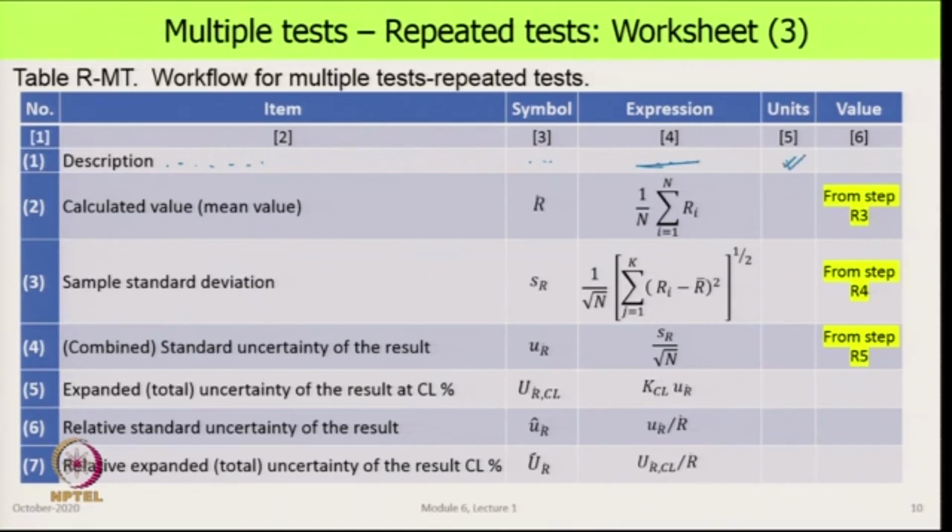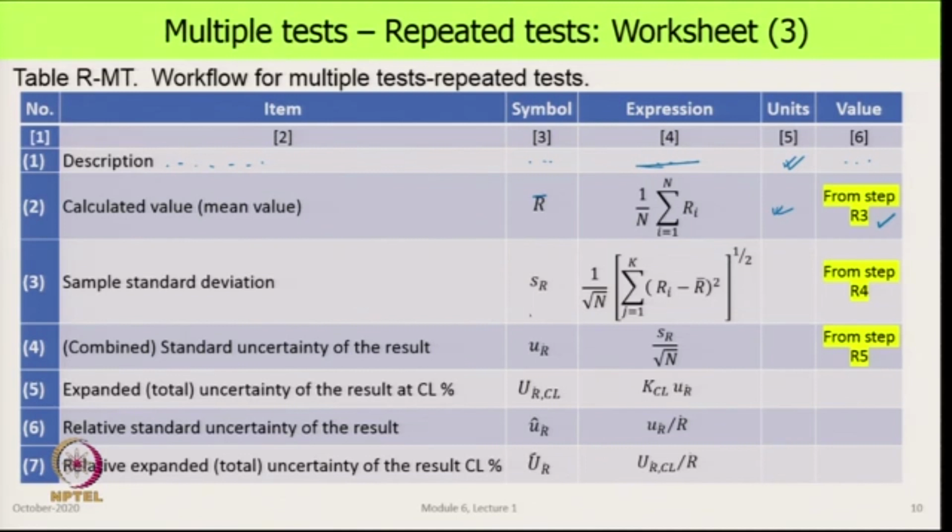This is very important. And from our mean value calculations, we get the value over there. In the next line, we write the calculated value of the mean. So, this is R bar, 1 upon n for all the results, or m if we are using m, the units, and then using this formula, we can write the value here.